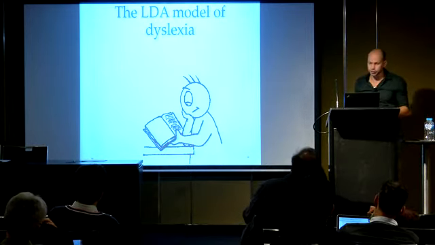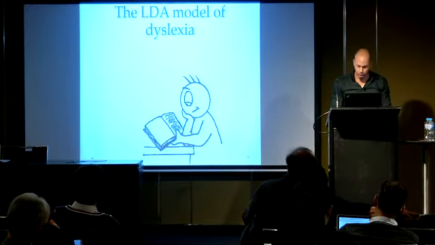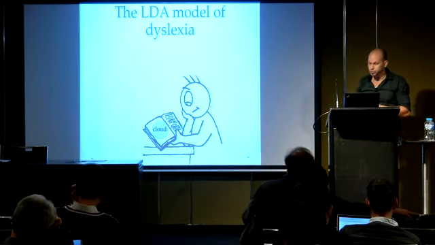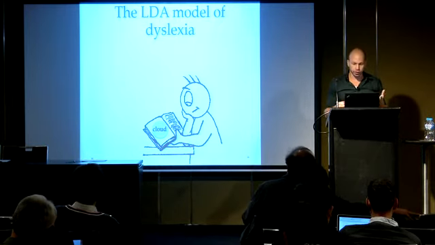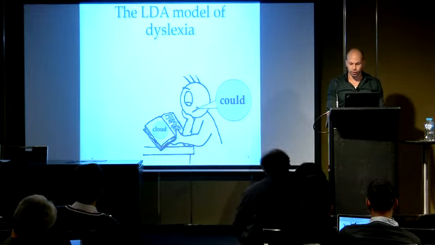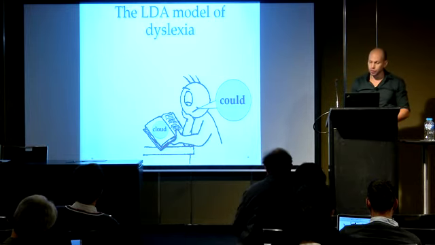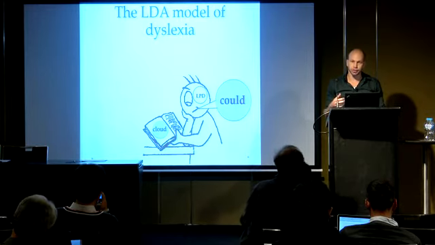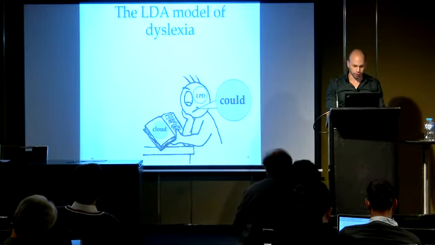So what has all this got to do with reading? In our case, we have the target word, which is presented to the reader, for example, cloud. And now we have another observed variable, which is the response of the subject, for example, could. We are interested in the hidden state, the hidden dyslexia state that is responsible for the generation of the error.